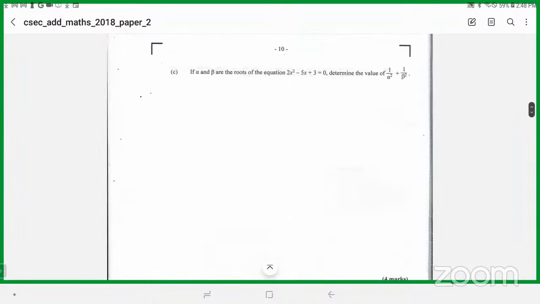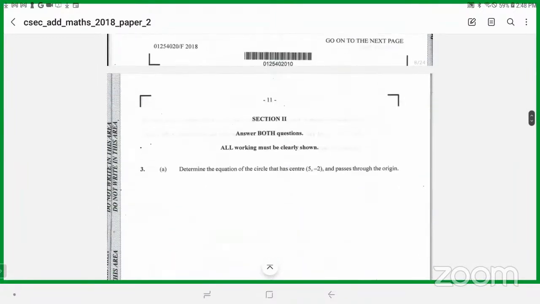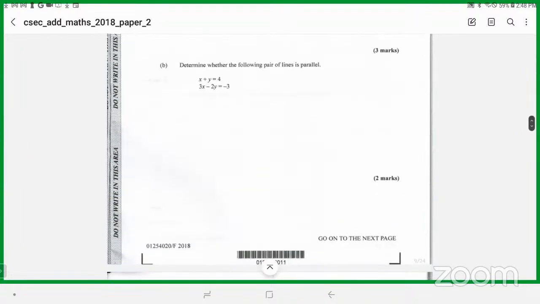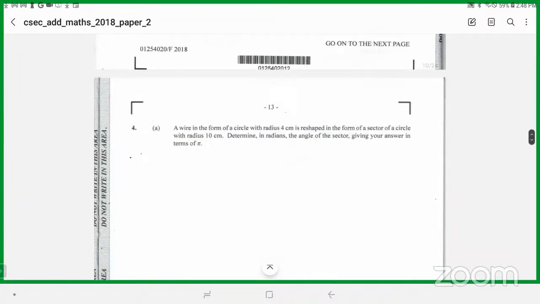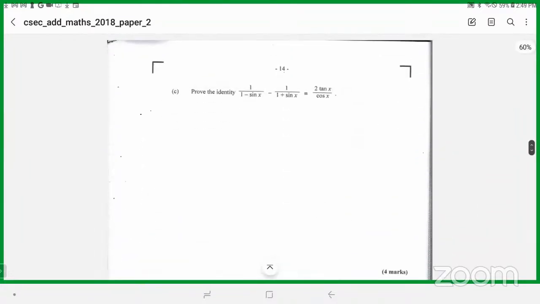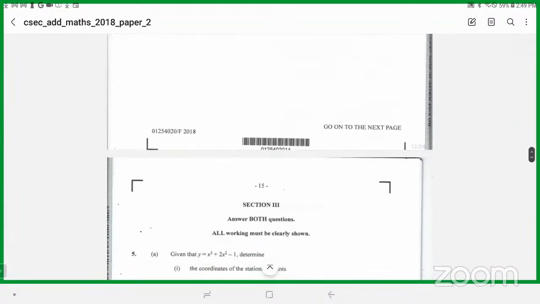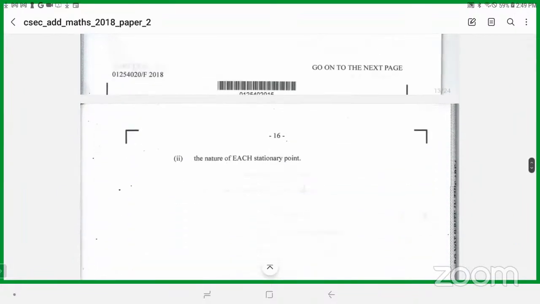You're not learning anything from these questions on surds, logs, and indices. It's too easy. Let's do something more meaningful next class.